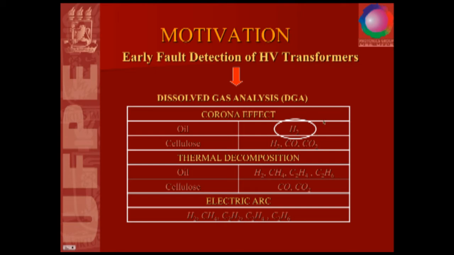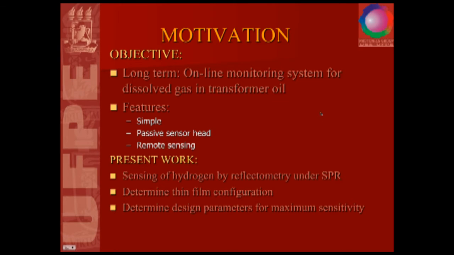So the scope here is to try to use a different approach. The long-term objective of the project is to develop an online monitoring system for dissolved gas in transformer oil, with the features of being simple, having a totally passive sensor head, and being amenable to remote sensing.